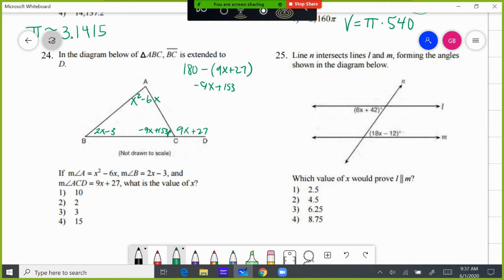Okay, so now I have expressions for all three angles inside of a triangle, and I also know that those three angles need to add up to 180. So I'm going to go ahead and set up an equation. So x squared minus 6x plus 2x minus 3 plus negative 9x plus 153 is equal to 180.